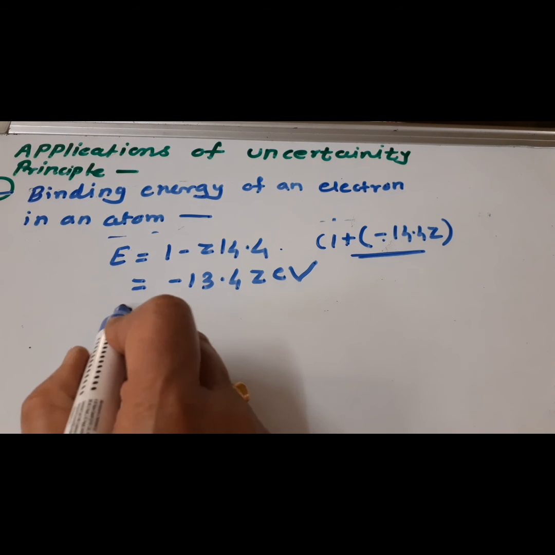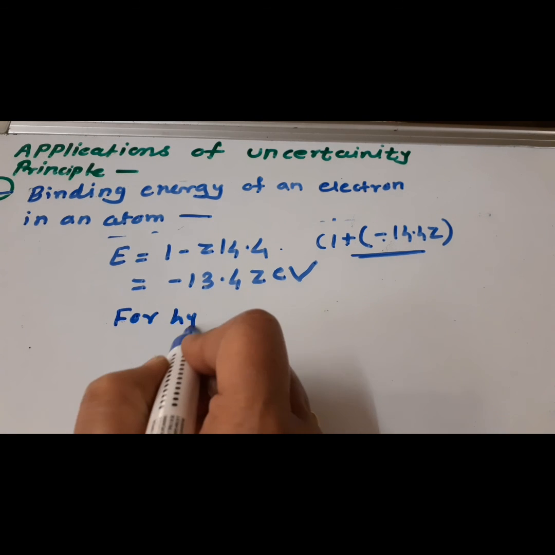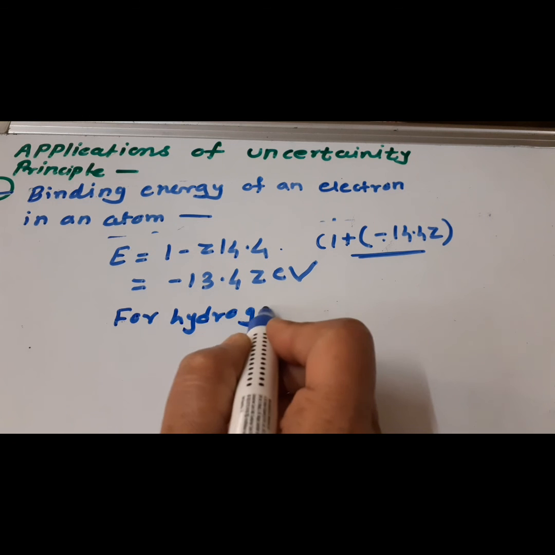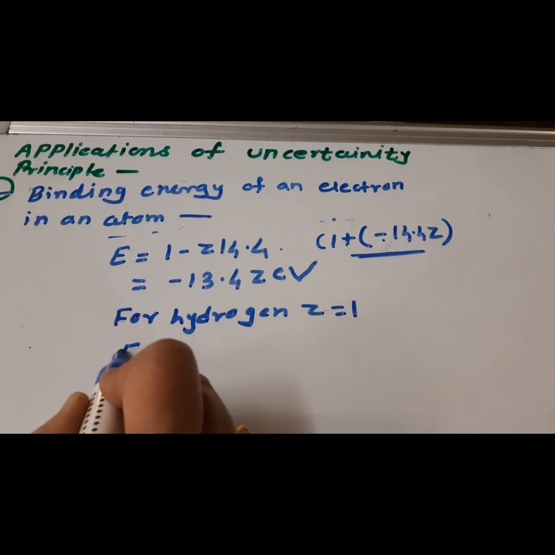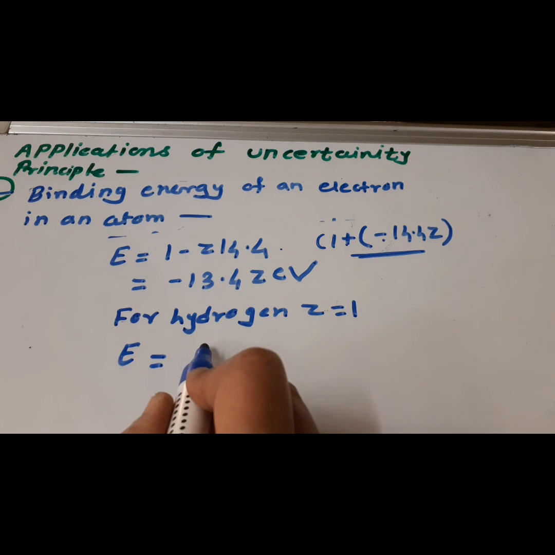the hydrogen atom. For hydrogen, Z means what? Atomic number, that is Z is equal to 1. Therefore, total energy E is equal to how much? Z is equal to 1.